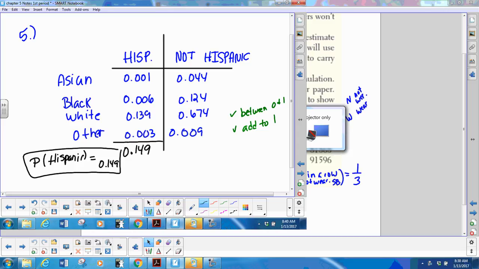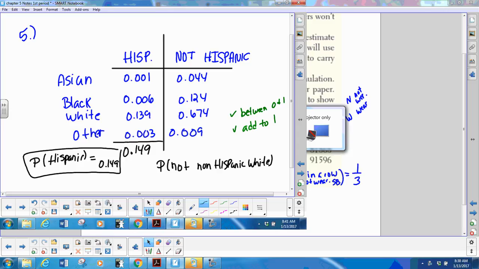According to C, non-Hispanic whites are the historical majority in the U.S. What is the probability that a randomly chosen American is not a member of this group? Okay, so we've got a "not" here. Probability that they're not a non-Hispanic white.